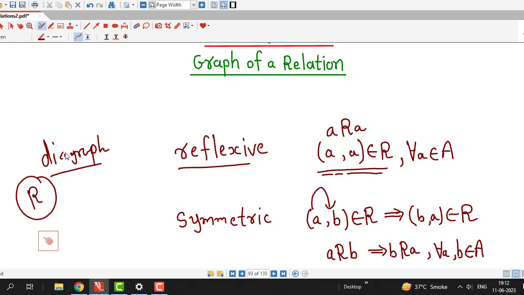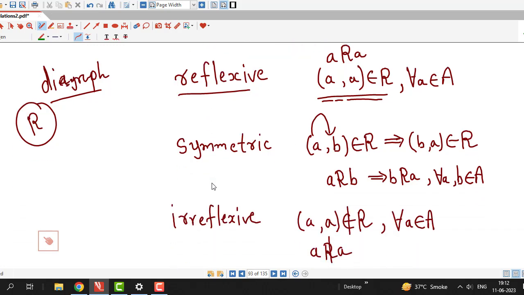That also can be done using the graph of the relation. We don't have to write down the relation from the graph; from the graph itself we can decide whether our relation is reflexive, symmetric, or has some other properties.